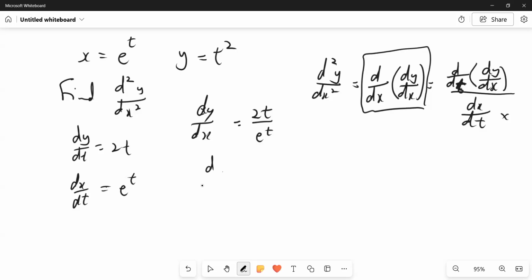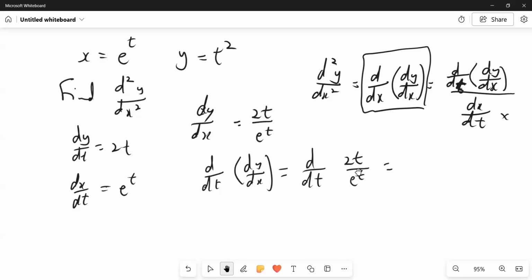So d/dt of dy/dx is really equal to d/dt of 2t over e to the t. We could use either the product rule or the quotient rule.